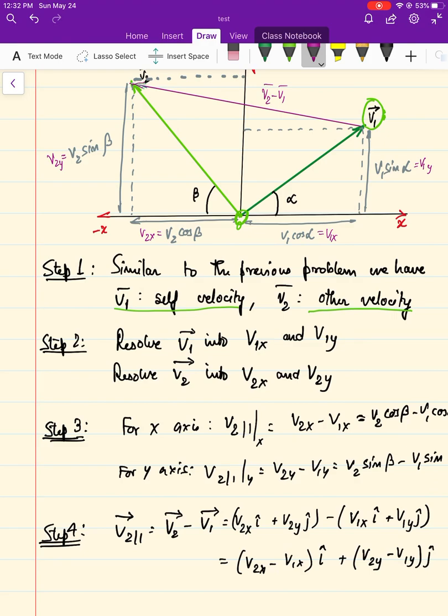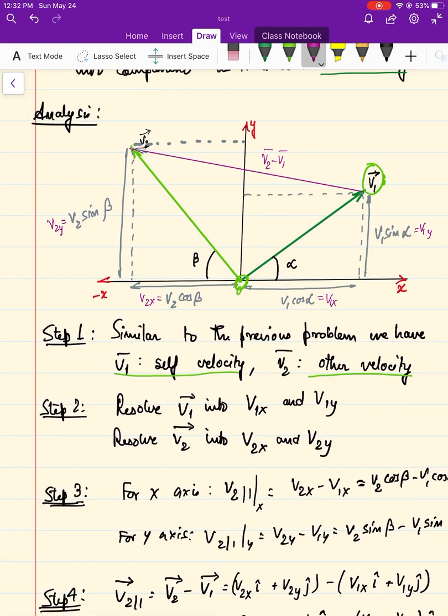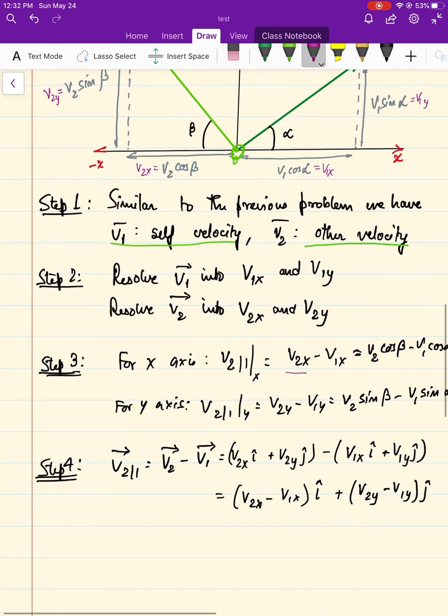And now you can see that this problem is fairly simple, because for this problem, let's just forget the fact that I have a y-axis altogether. Let's consider I just have the x-axis, and in the x-axis I have two vectors, which are v2x and v1x. That's exactly what we dealt with when we were doing the scalar problem, right?